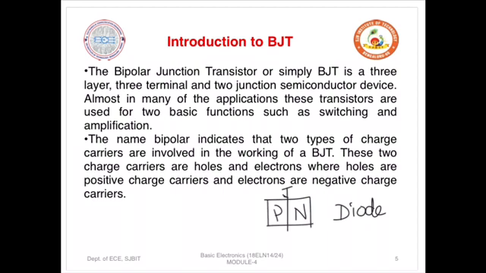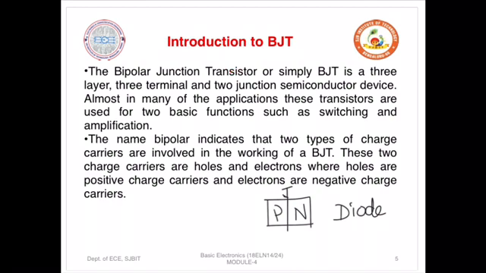With a terminal connected to each layer, it acts as a 2-port device, and one of the terminals is common between the 2 ports. Such a transistor we call a BJT, bipolar junction transistor.